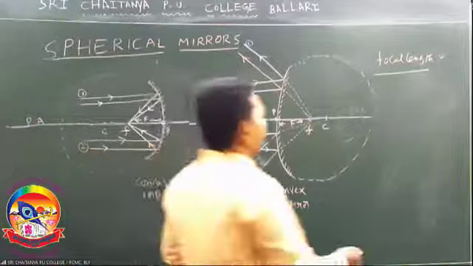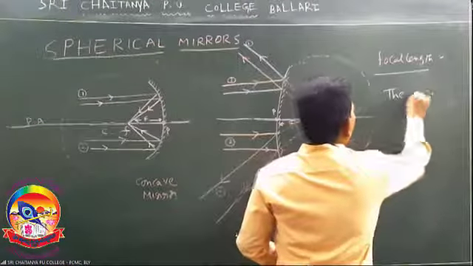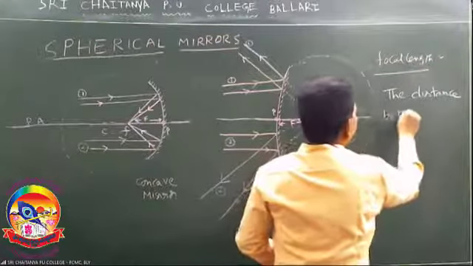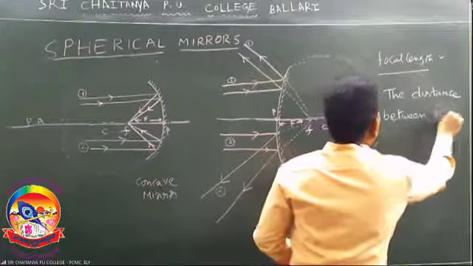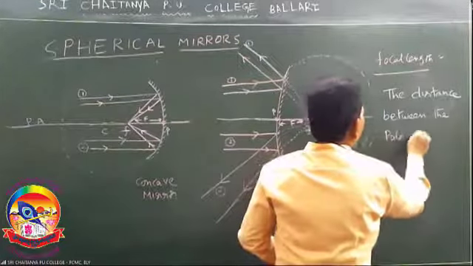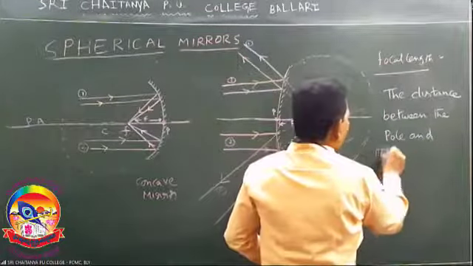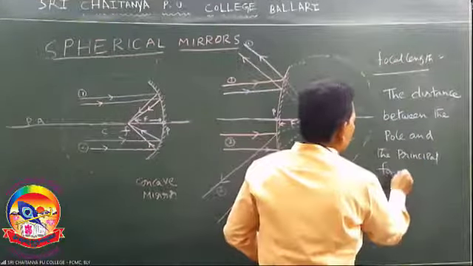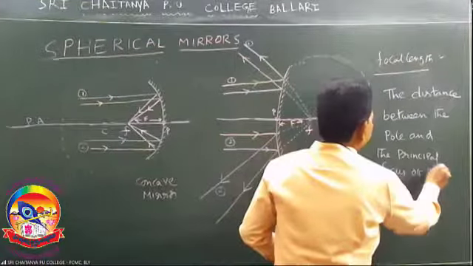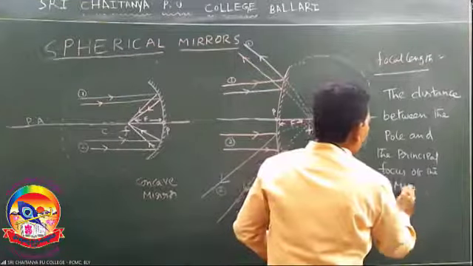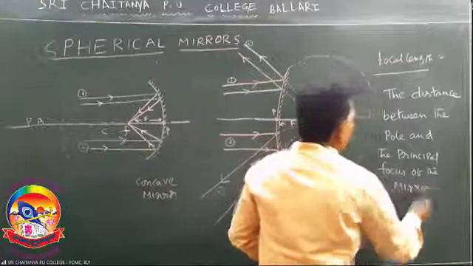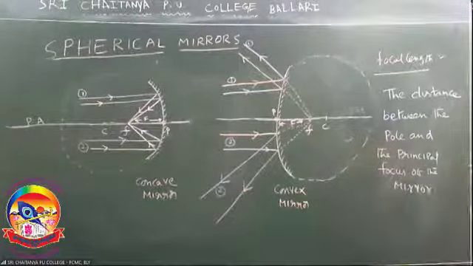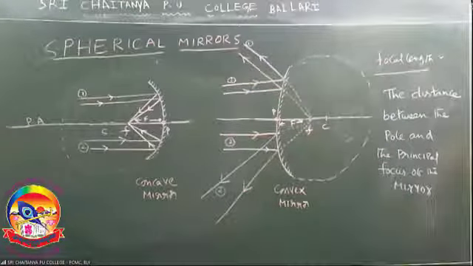The distance between the pole and the principal focus of the mirror is called the focal length of the mirror.